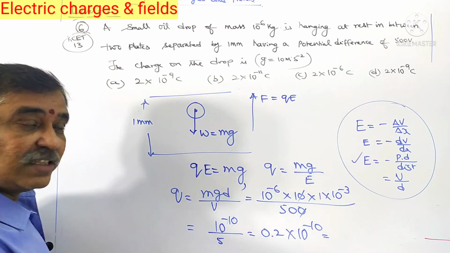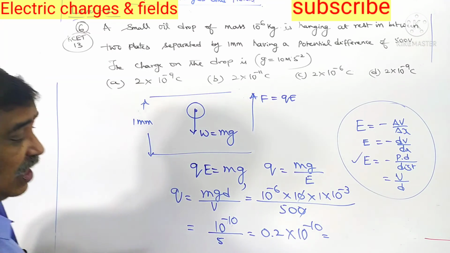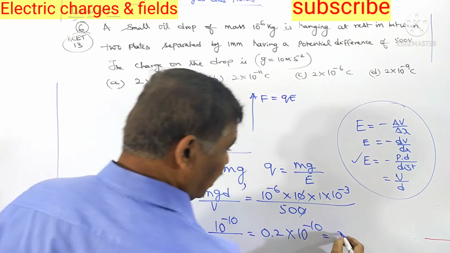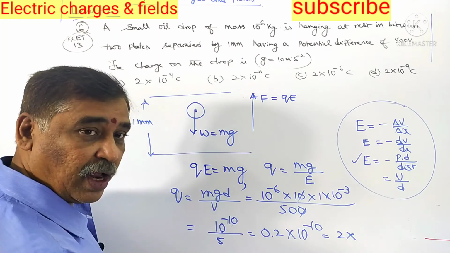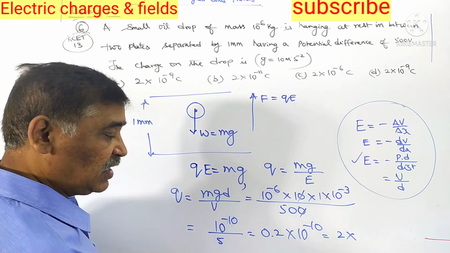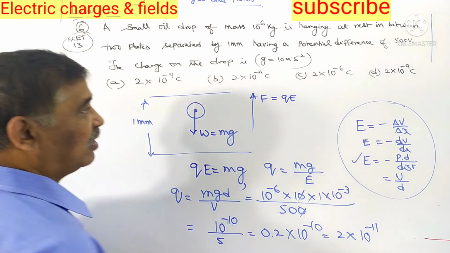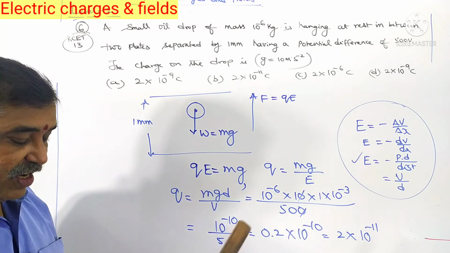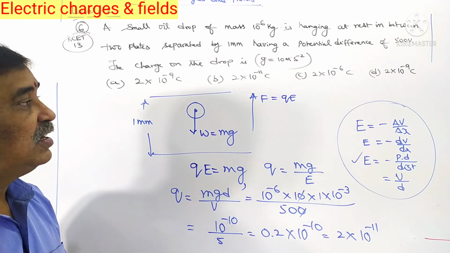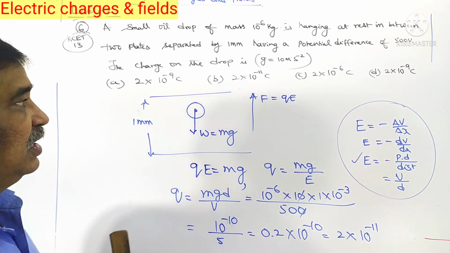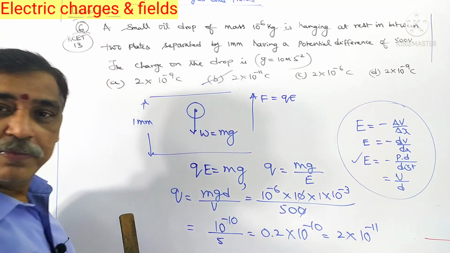If you observe the given options, it is not there. Just to do it quickly, shift the decimal by one place towards the right. That gives us 2, and now this exponent becomes minus 11. So 2 into 10 power minus 11 is the answer for this question, which is available in the options.